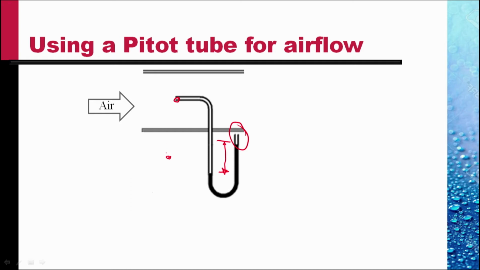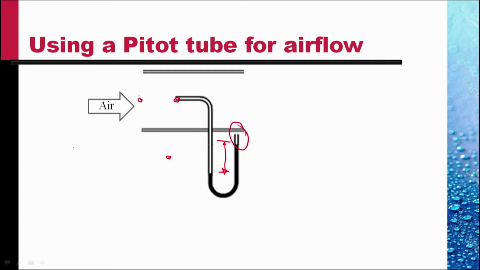If the static pressure in the tube is atmospheric pressure, then this difference of pressure that this manometer measures is directly the pressure difference delta P of the last formula.